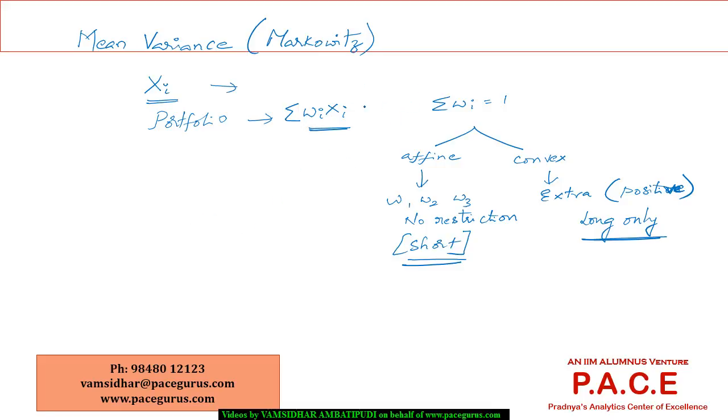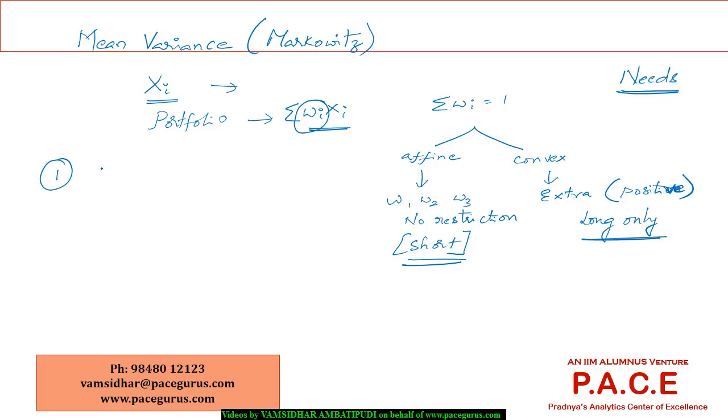When we say we are doing an optimization solution, we are trying to find those possible values of the weights so that the needs of our portfolio are met, so that our objective of the portfolio is met. Generally, people go with different kinds of objectives.